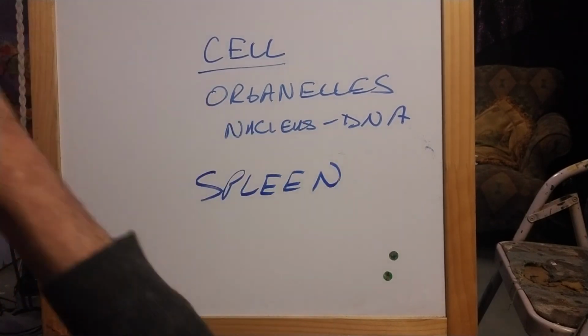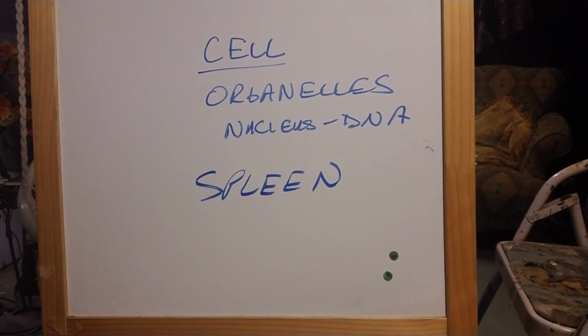Spleen actually has two purposes in life. It's meant to be like a reservoir for red blood cells, but also breaks down the old ones. And guess what? Recycles the amino acids that make up the cells, because they do wear out. You literally have billions of cells that are replaced every single day, with no exceptions.